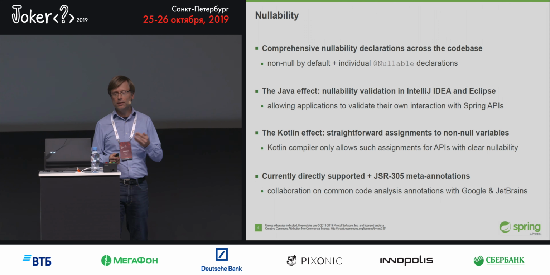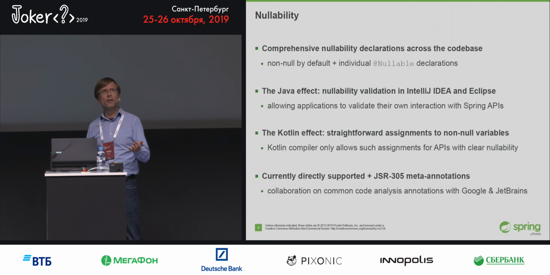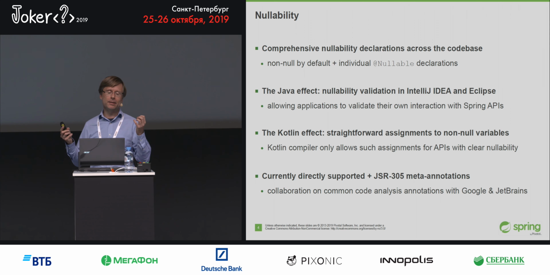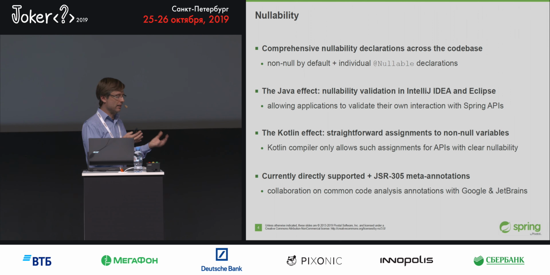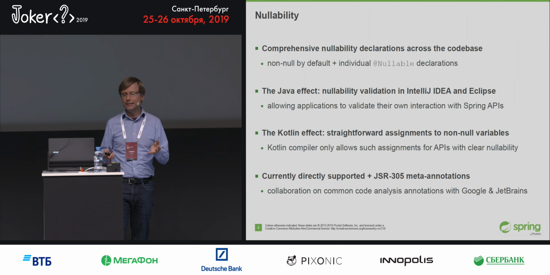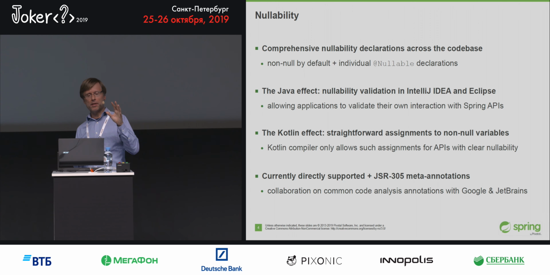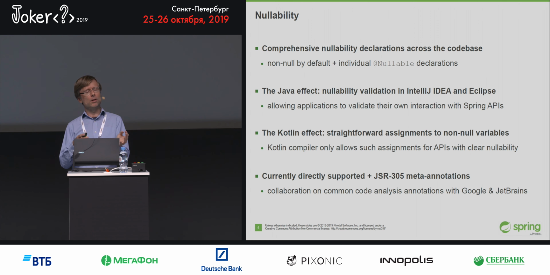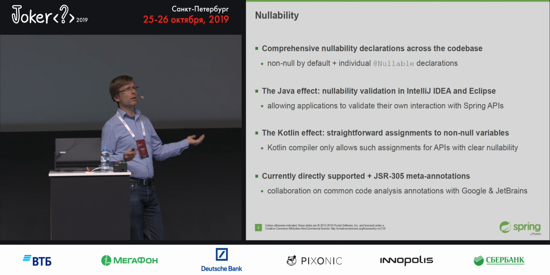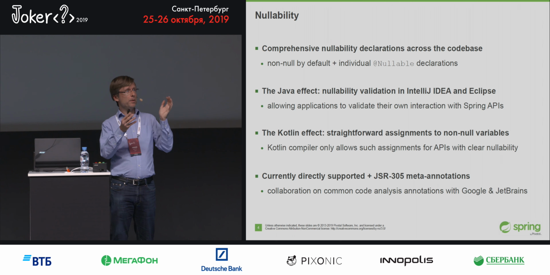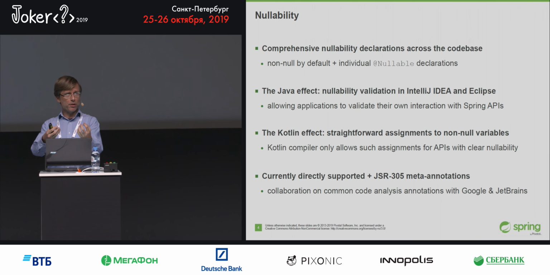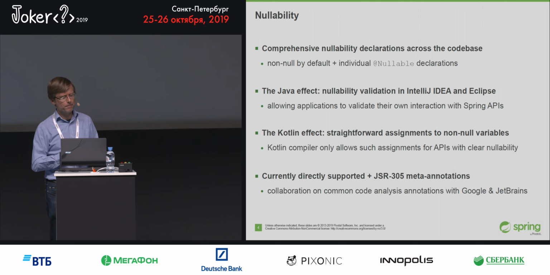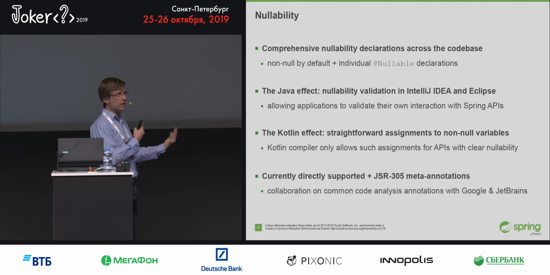We encountered nullability from several angles, where it turns out that the API surface that we had, of course, had many cases where it was a little unclear from just a look at the method signature whether this could return null, or in which situations it could ever return null or not. The same goes for incoming parameters. Can this be null? But it's more important for return values, where framework methods return something to you, and you need to know whether to be defensive against null values or not.